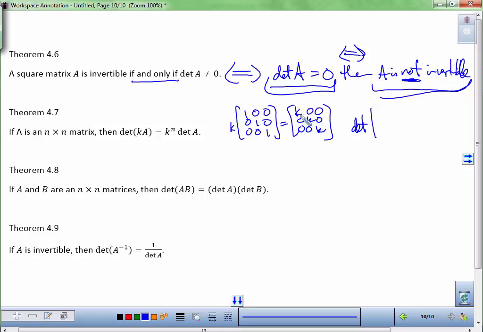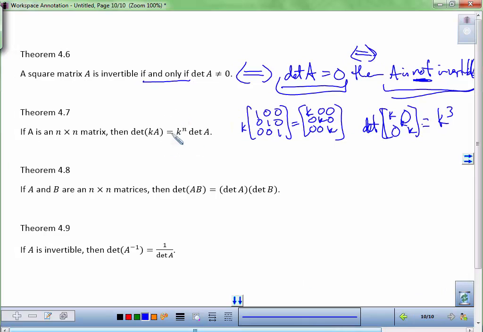So the determinant of this is going to be k times k times k, so it's k cubed, and that happens to be the number of rows we have in that matrix. So if you multiply a matrix by k, the determinant of that is not just k times the determinant of A. The determinant of that is k to the power of however many rows you have, times the determinant of A.